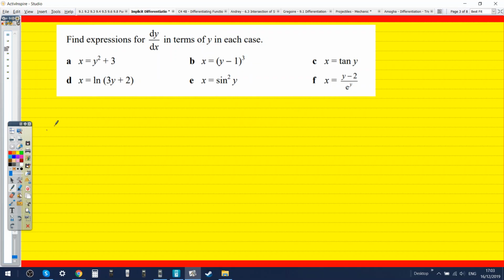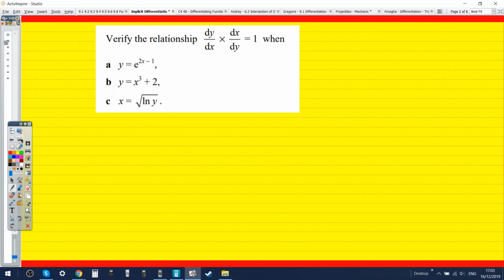Find an expression for dy dx for these. Let's just keep it simple. Let's say y is equal to x cubed. You differentiate both sides. On this side, you have 3x squared. What is here? dy by dx.